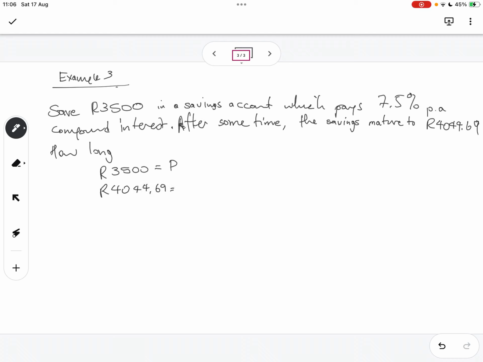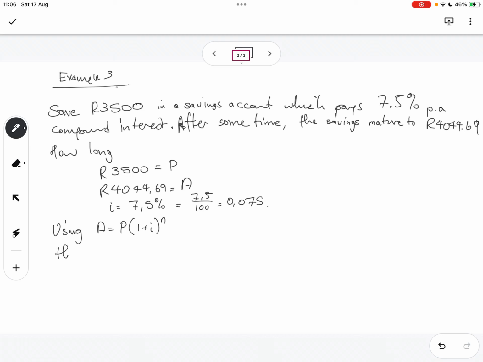And then what is the 4,044 rand 69? The final amount. The 7.5 per annum compound interest is what we will assume, the 7.5%. So it is 7.5 divided by 100. That is 0.075.